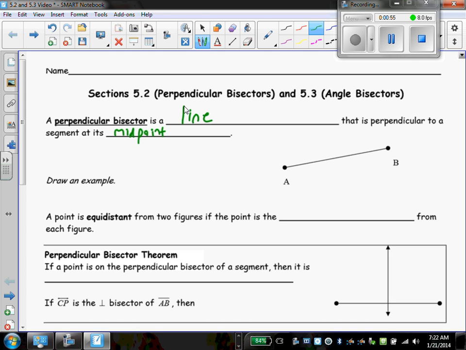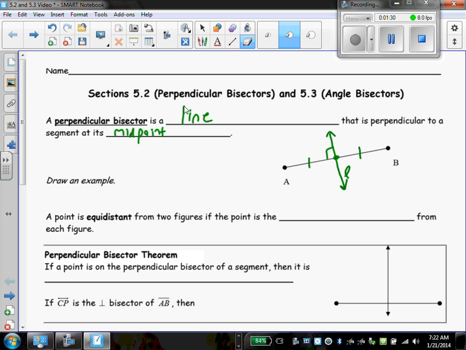Well, what that means is if we go to the midpoint of AB, looks like it's right around here, and we make a line that goes at a 90-degree angle to AB, and again through its midpoint. This line here, let's call it L, is a perpendicular bisector to segment AB.